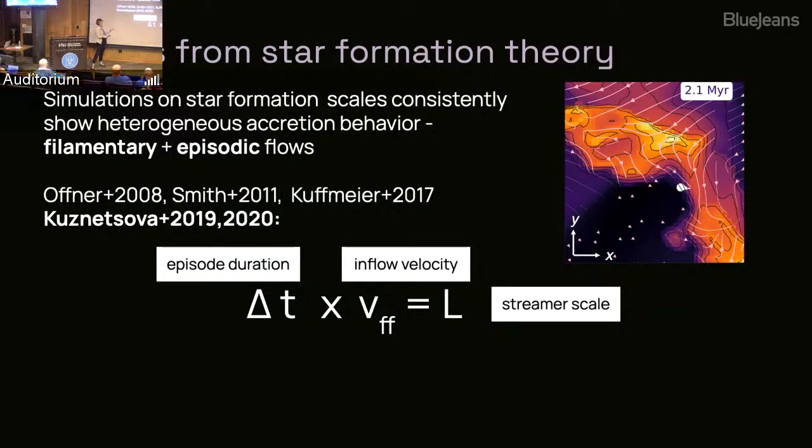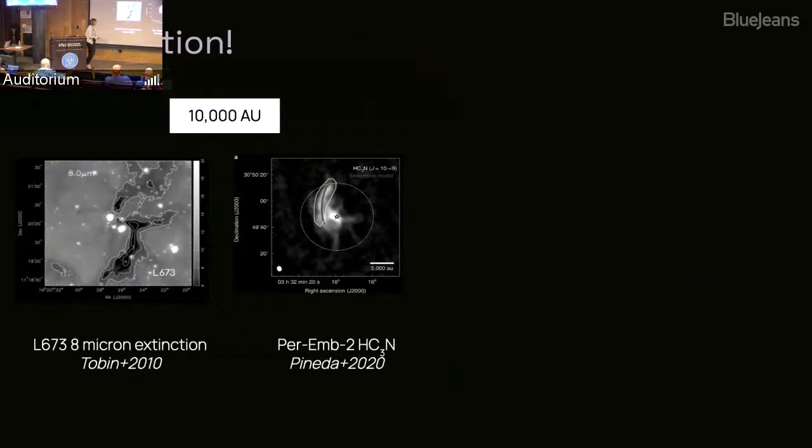We can predict the scale at which you will most likely see a lot of material cohesively streaming. It's about 10,000 AU. And here's some vindication from the past and something more recent, in which we've dubbed this anisotropic behavior a streamer.